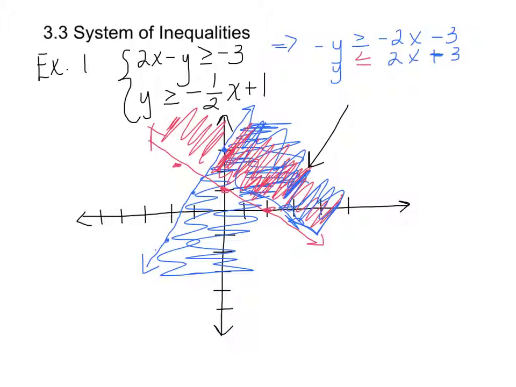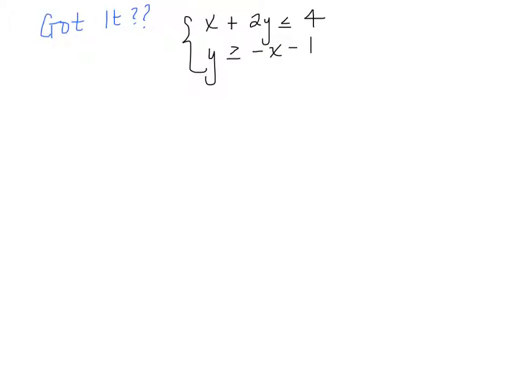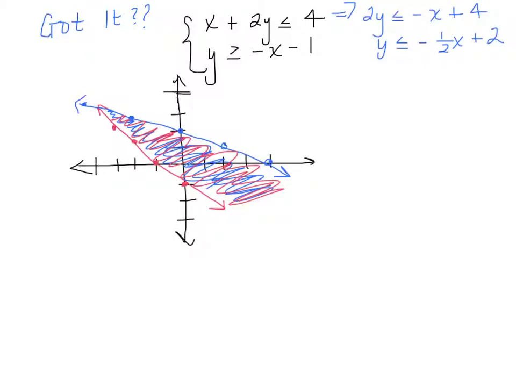So now I'm going to allow you to try one. Okay, I want you to solve this system by graphing, and then we'll check our answers. Okay, I hope the first thing that you did was get the first inequality in slope-intercept form. And I graphed the blue line starting at the y-intercept of 2, and my slope was -1/2.